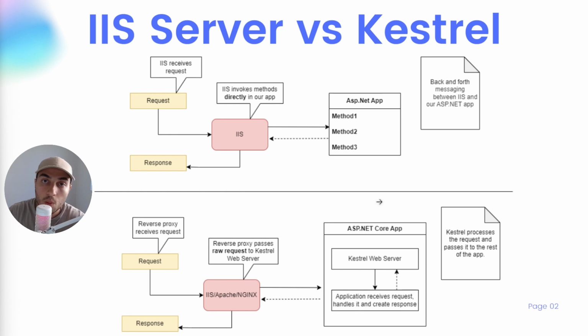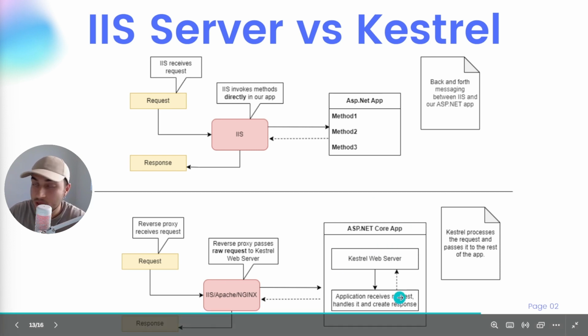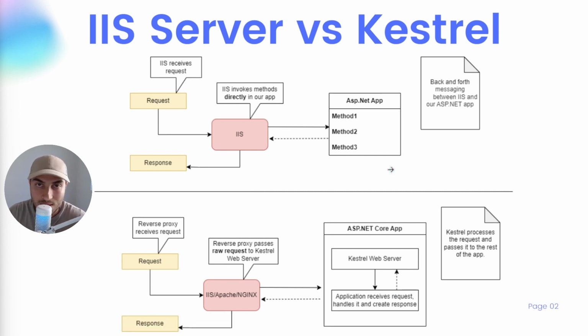It doesn't know more about our application, and basically the Kestrel is in charge of processing the request, passing it to the application, the application generates the corresponding response, sends it back to the Kestrel, and the Kestrel then sends it back to the proxy, which is going to respond to the client which made the request. Okay, so that's basically the flow and the difference between the two main approaches, before and after the Kestrel development.